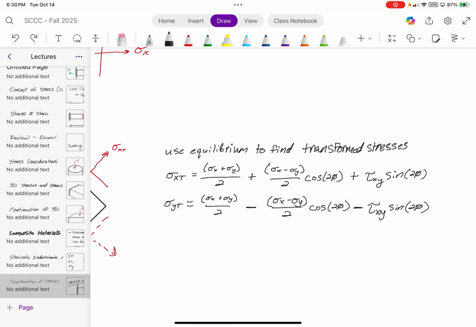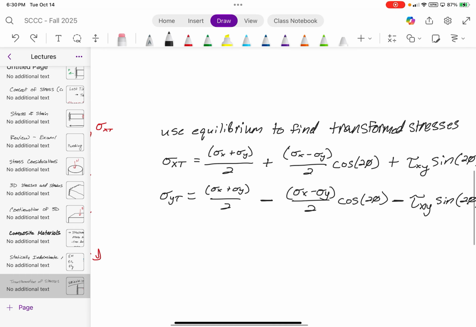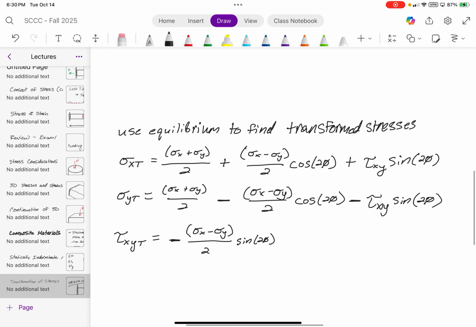All right. Now there's one more equation, and it is the transformed shear stress equation, which is just going to equal negative sigma x minus sigma y divided by 2 sine of 2 theta plus tau xy cosine of 2 theta.